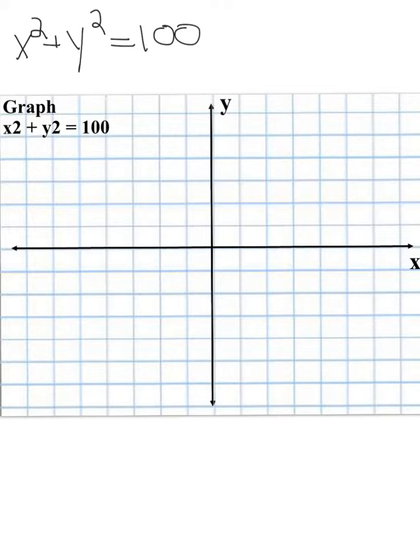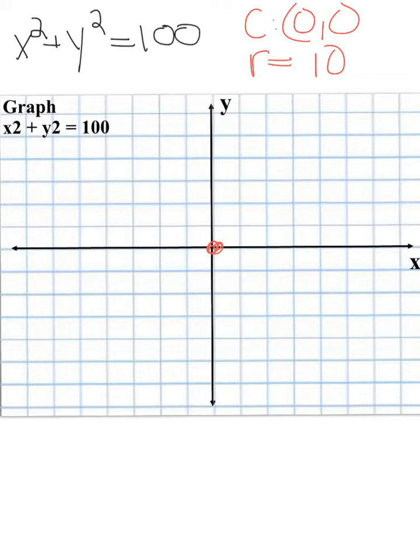Okay, so we are going to identify from this equation the center. We know that to be 0, 0. And the radius is the square root of 100. So that's a 10. So I'm going to mark my center, and I'm going to go out 10. I don't have enough room to count out 10. You might have enough room, and of course you could always expand your Cartesian plane.